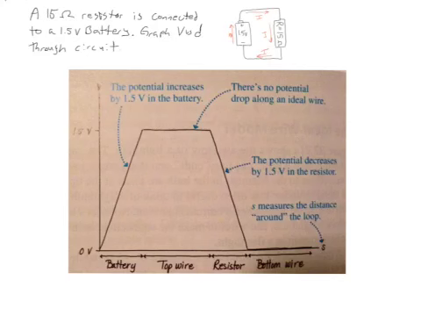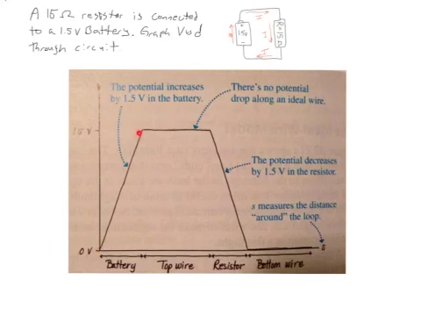Okay, and so here's the graph of this. The distance S is measured from the battery's negative terminal, where the potential difference is 0. And as we move around the circuit to the starting point, the potential must return to its original value.